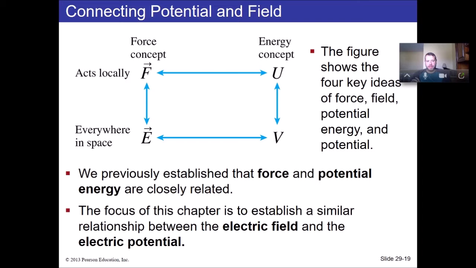We later developed that into an electric field, which doesn't discuss interactions, just discusses an influence over the environment of charges. Right? And then we decided to dabble into energy, which eventually led us to the concept of potential. We started with the force up here, and we've eventually got our way down to potential.